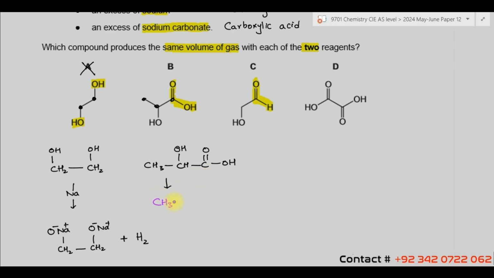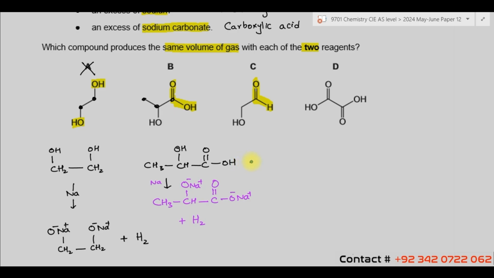So with sodium we have CH3, CH, O negative and Na positive. Sodium can also react with this part, so C double bond O, O negative and Na positive. So 2 atoms of hydrogen are lost. It means 1 mole of H2 is formed with sodium.